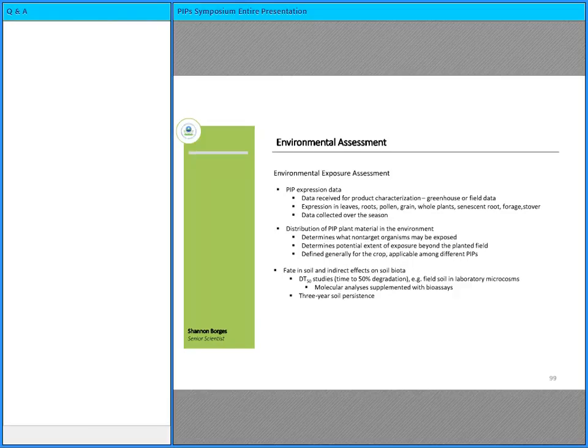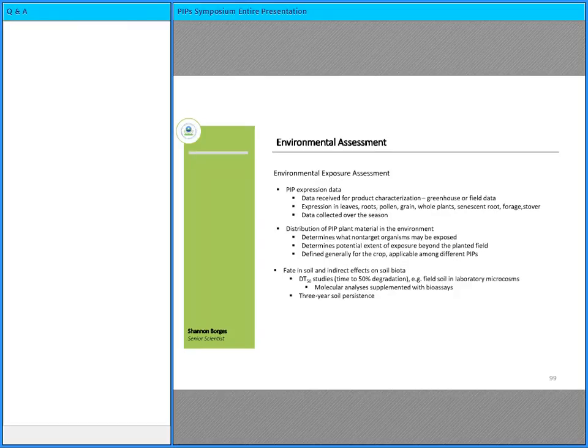The distribution of the PIP plant material in the environment determines what non-target organisms may be exposed, where and when. It also determines the potential extent of exposure beyond the planted field, and is defined generally for the crop, and it's applicable among different PIPs.